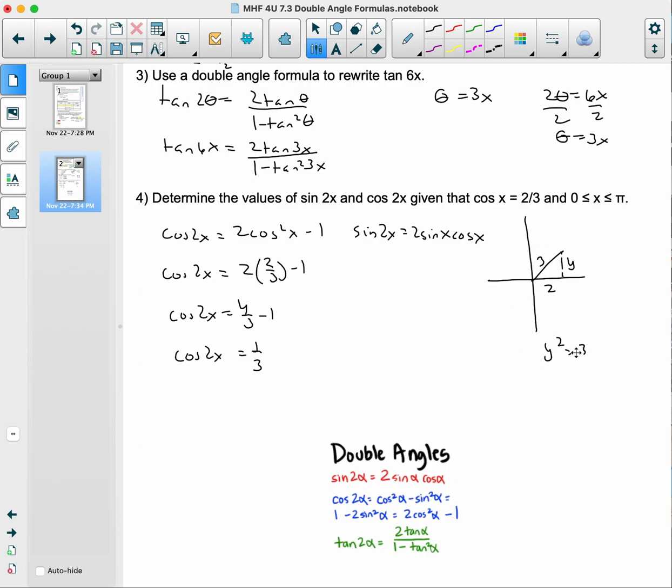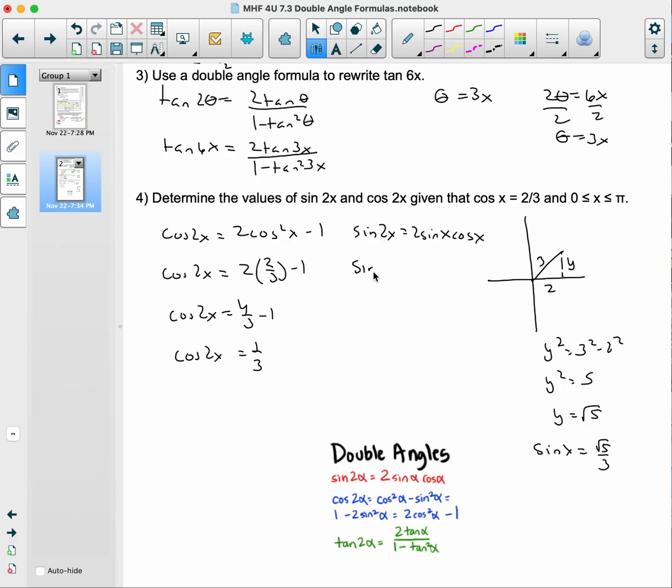So y squared would be 3 squared minus 2 squared, which is 5. So y is the root of 5. So the sine of x would be root 5 over 3. And we're going to work with exact values all the time here. And that value is going to be the same always in quadrant 1 or quadrant 2, right?